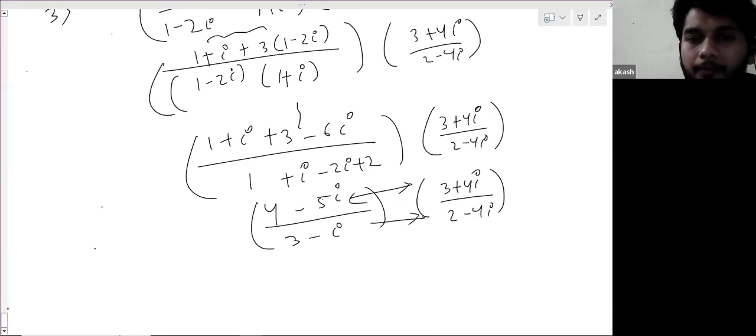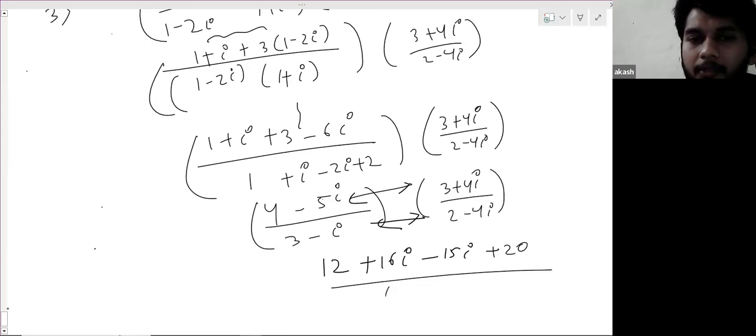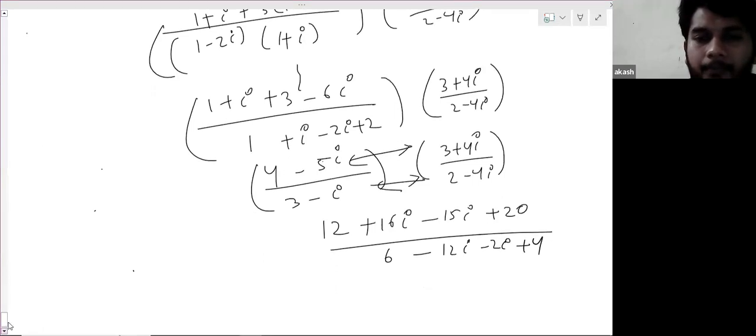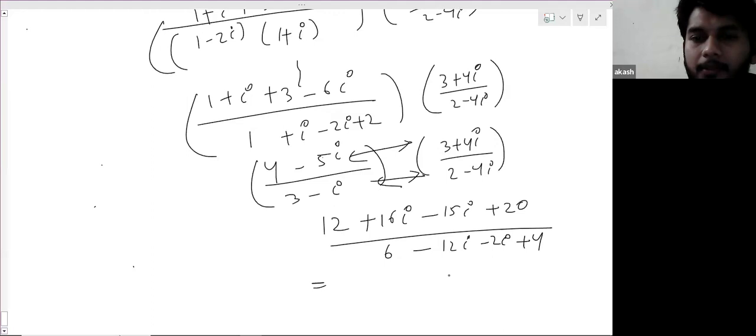So 4 into 3 is 12 plus 16i minus 15i plus 20, upon 6 minus 12i minus 2i plus 4. So 12 plus 20 is 32 plus i upon 10 minus 14i.